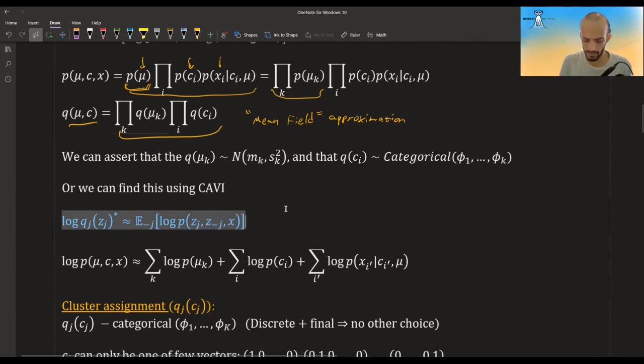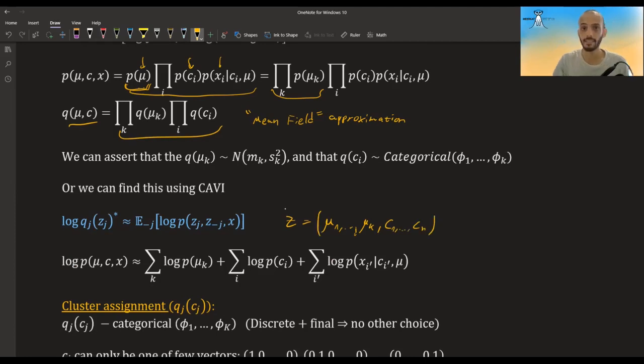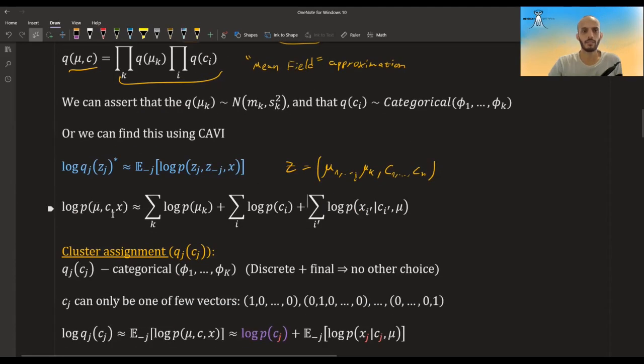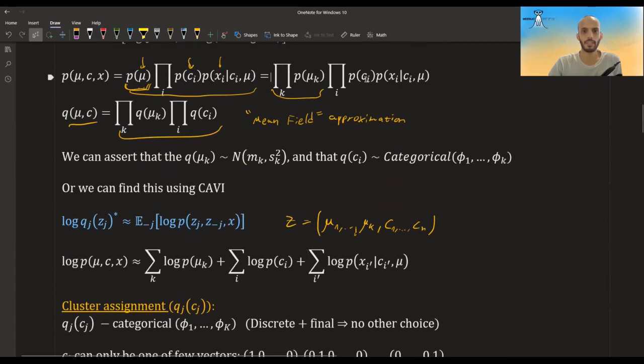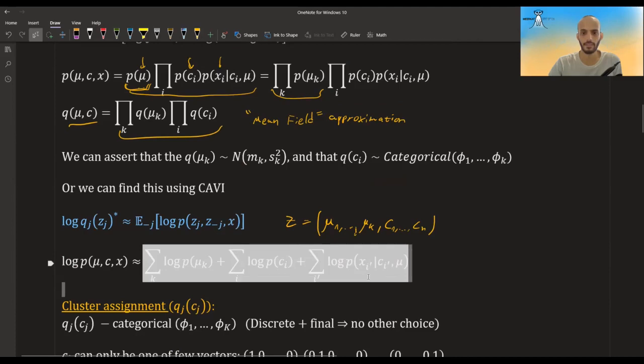Okay, and notice that here our z's are basically mu 1 until mu K and c1 all the way to cn. Yeah, these are our z's in this case. And so the log of the joint, if we take this joint over here and we break it into a log, then by logarithm rules, it factors into these things.